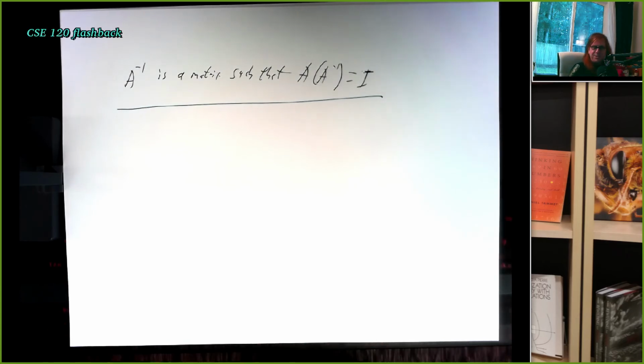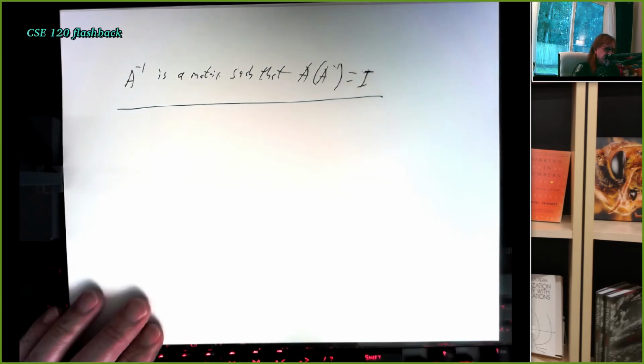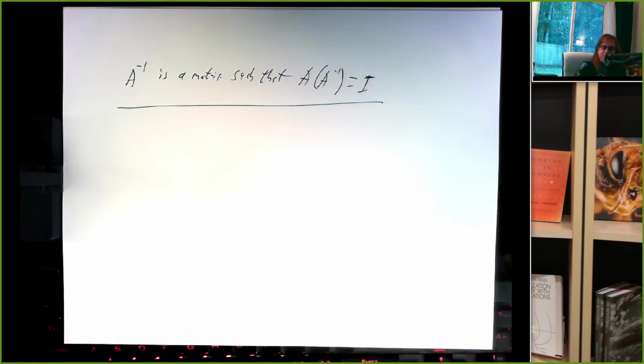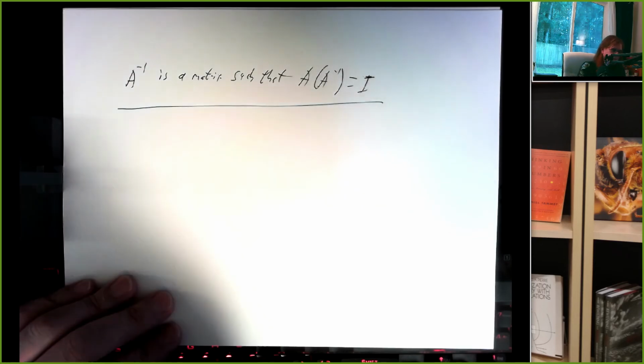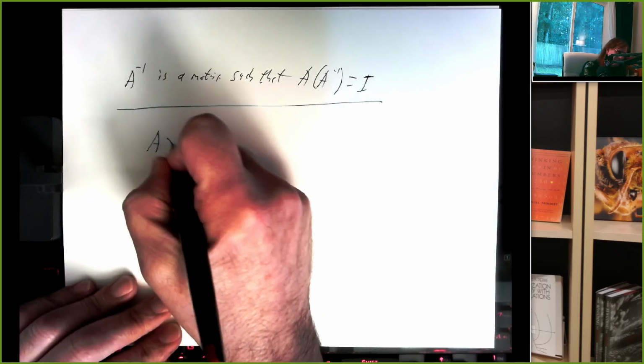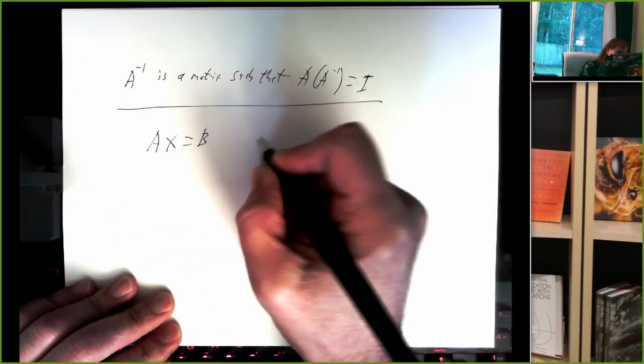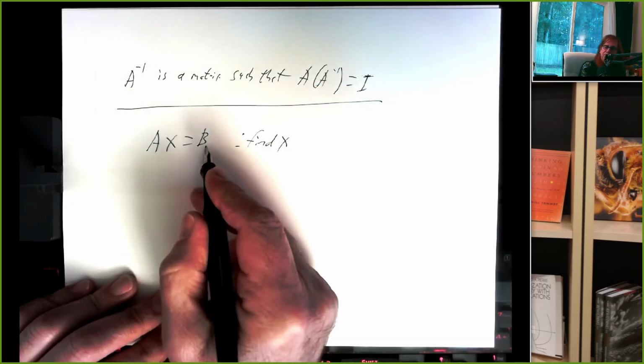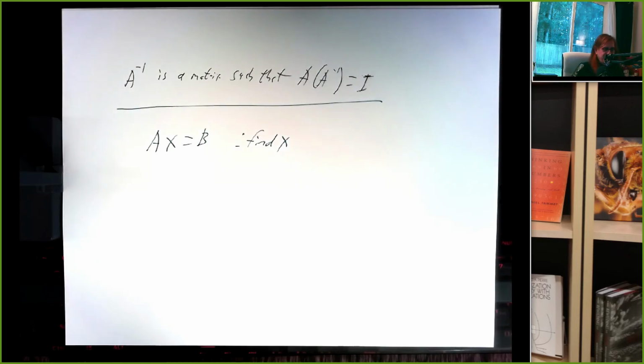I'll complete our CSE215 flashback since we're already right at the brink of it anyway. When we had our simultaneous equations from KVL, KCL, we changed them into a matrix equation where A multiplied by X equals B, and we wanted to find the matrix X, which turned out to be a matrix of voltages or currents.